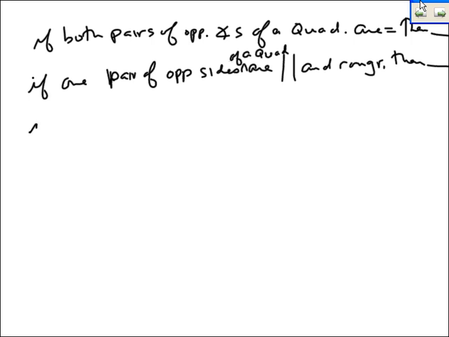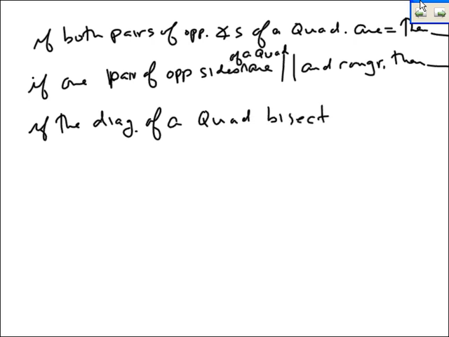If the diagonals of a quadrilateral bisect one another, then the quadrilateral is a parallelogram.